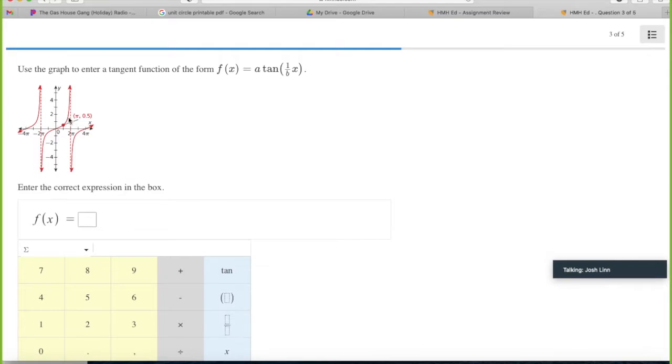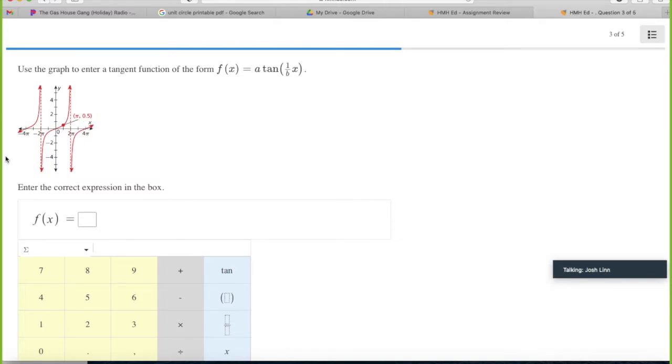Anyway, use the graph to enter a tangent function of the form f of x equals a tangent of 1 over b of x. Cool! Finally, I get to not be an idiot with odds and even functions. I hate them. Okay, so step 1, we've got our asymptotes at -2 pi and 2 pi.